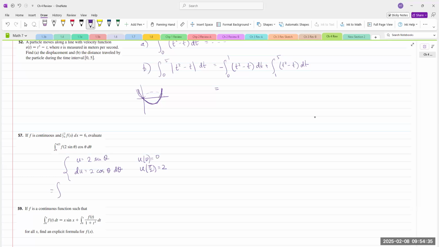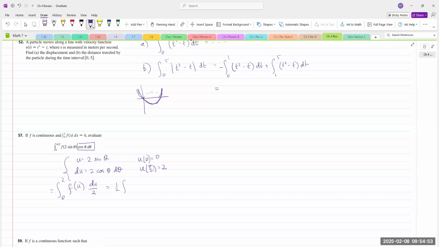Therefore, this integral now becomes the integral from 0 to 2 of f(u) du over 2, because this is our du over 2. This is 1/2 times the integral from 0 to 2 of f(u) du. But the integral from 0 to 2 of f(u) du equals 6. So this is 1/2 times 6, that equals 3.